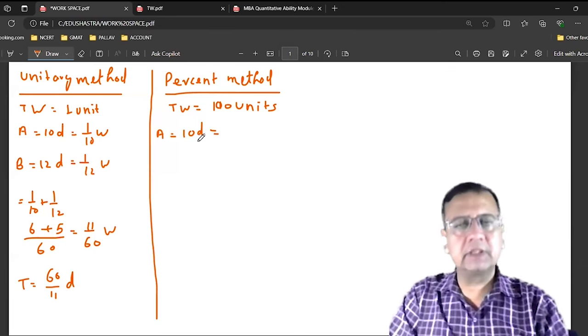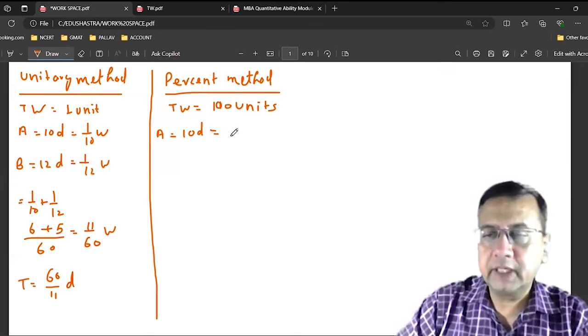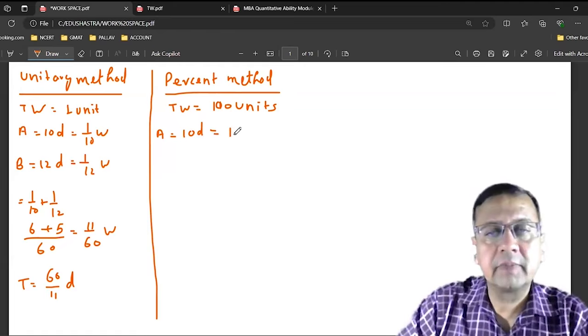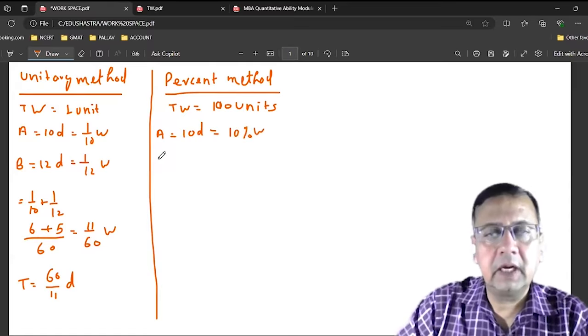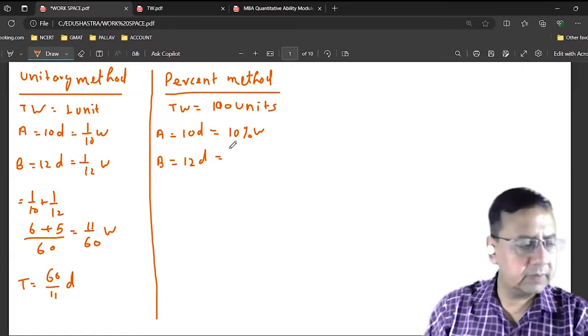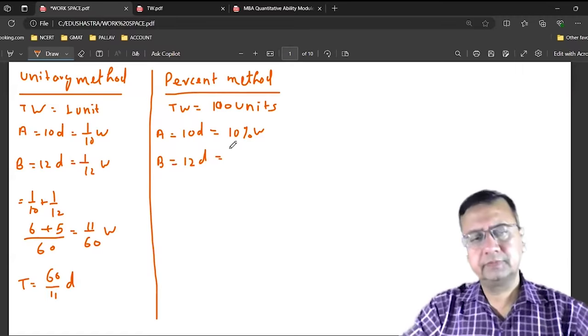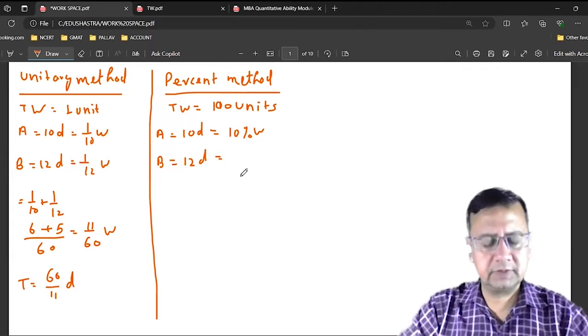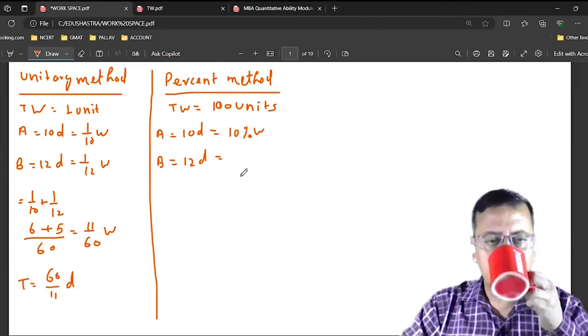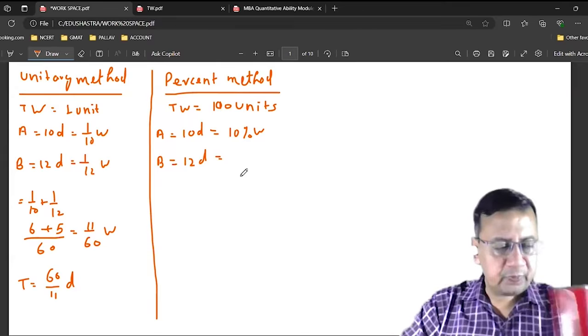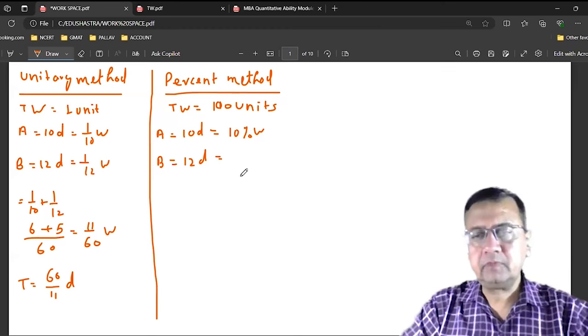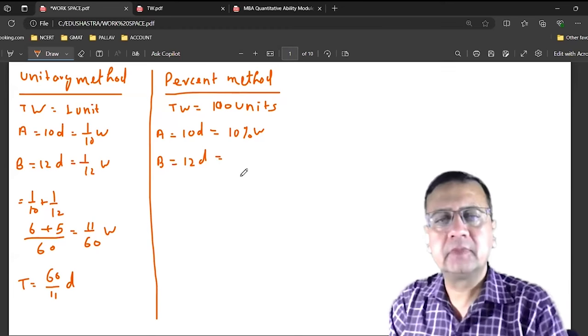So if the total work is 100 units and working in 10 days, in 1 day how much? 10% of work. Done. And B is doing it in 12 days, right? So this is how much? 100 by 12. How much is this value? Yeah, quickly. 100 by 12.